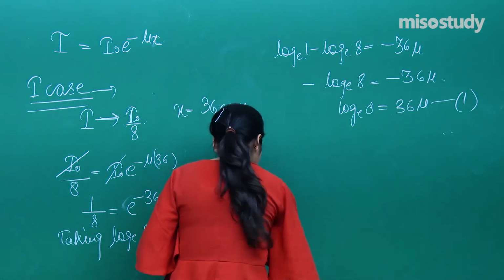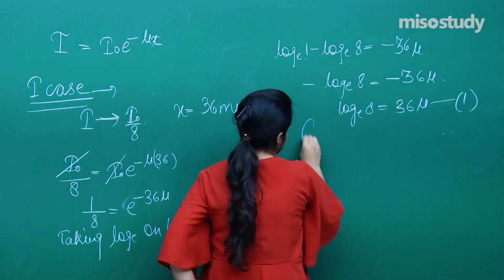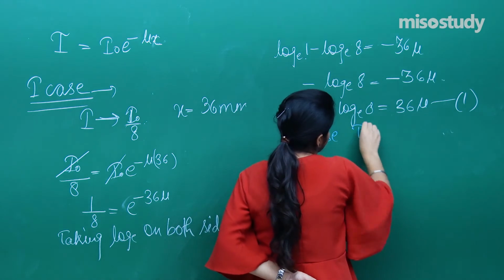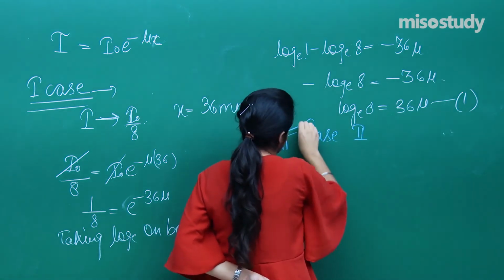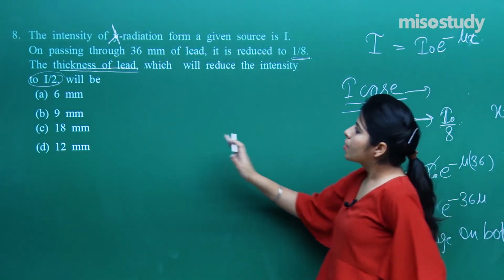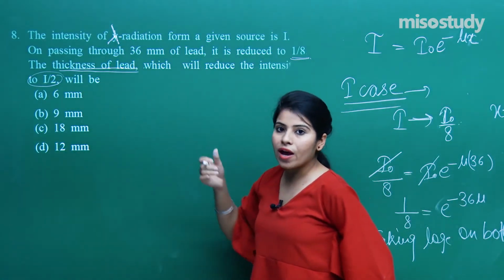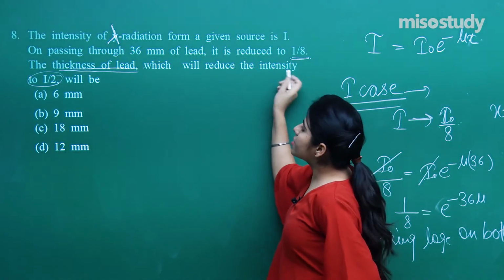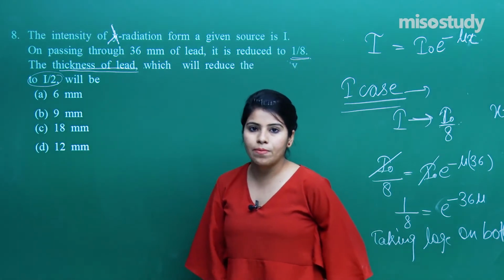Now let me consider the second situation as the second case. In the second case, just move to the question. The thickness of lead we have to find and the intensity has been reduced to I by 2.